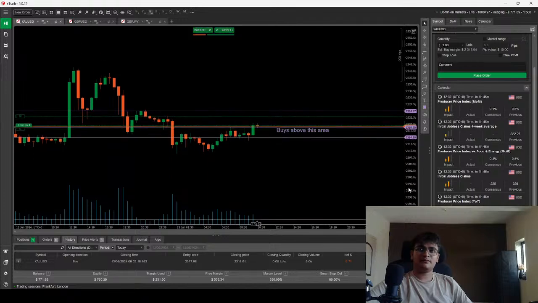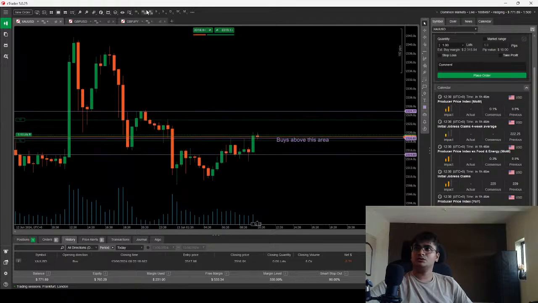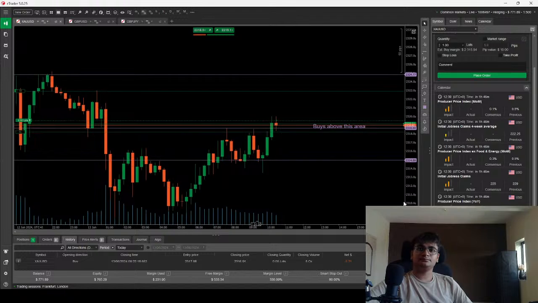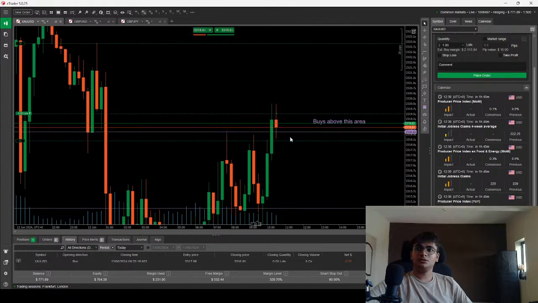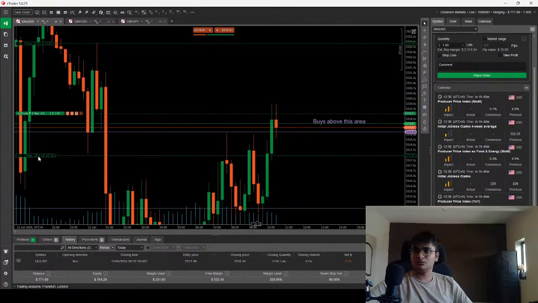I think we have half an hour before this candle closes. Just that price will respect the lows of this candle before closing in.